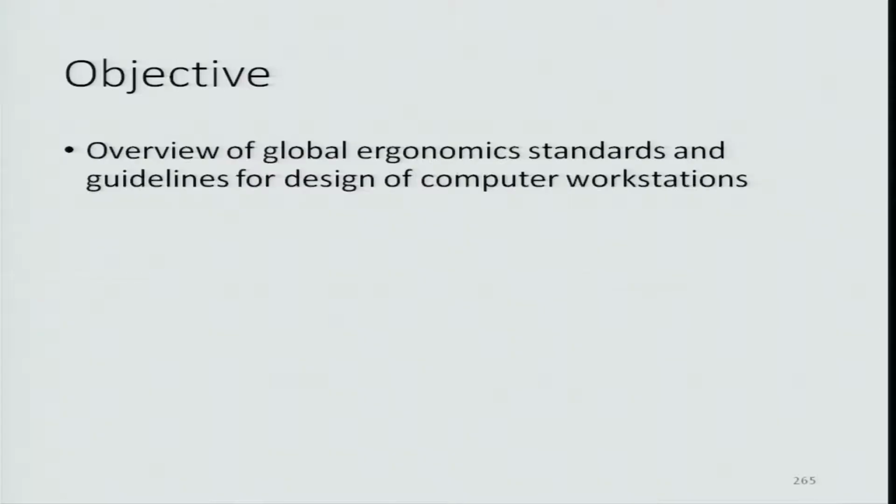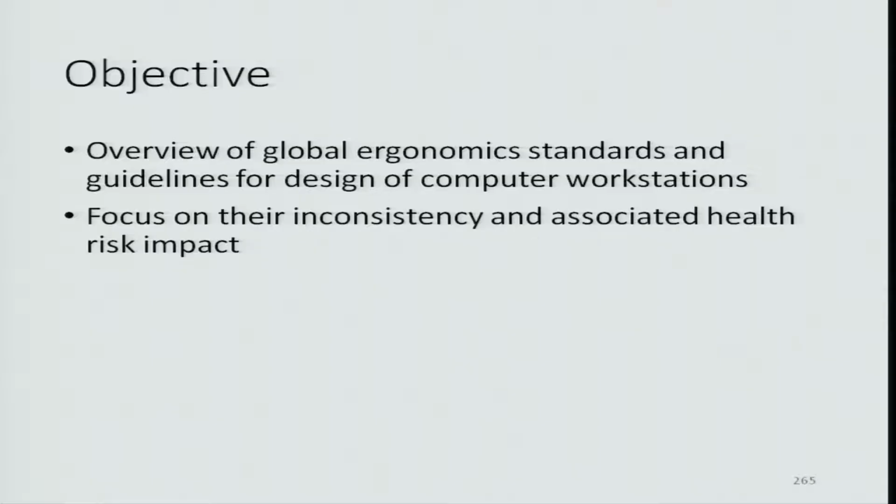So the following would be the overall purview of the discussion. We will have an overview of the standards, particularly which organizations provide such guidelines or standards for proper ergonomic design of computer workstations. We would also focus on some of the inconsistencies and associated health risks found in focused studies on some work groups which had such inconsistency of postures.